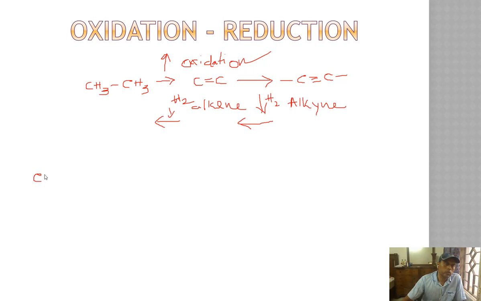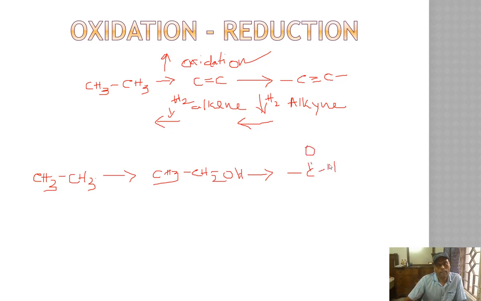Alright, one more thing. Take an alkane, CH3, convert this to CH3CH2OH, alcohol, and convert this to aldehyde. I'm just writing in general.